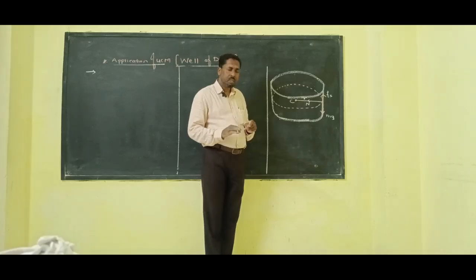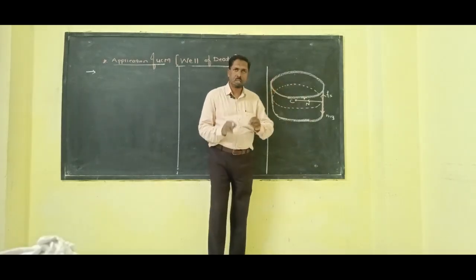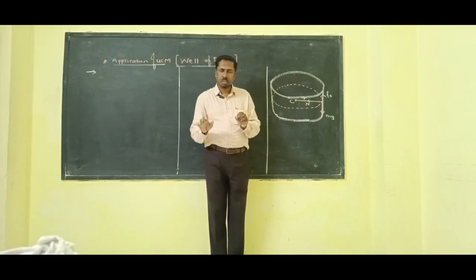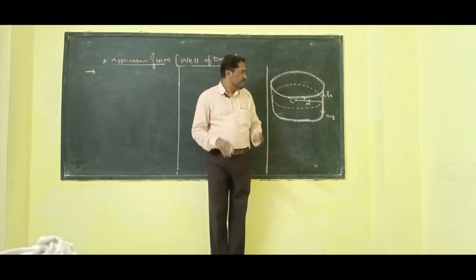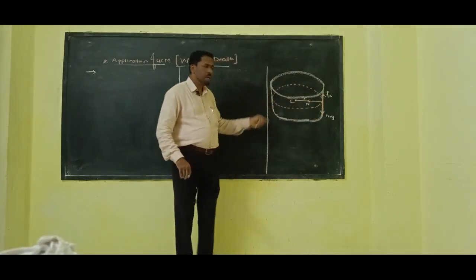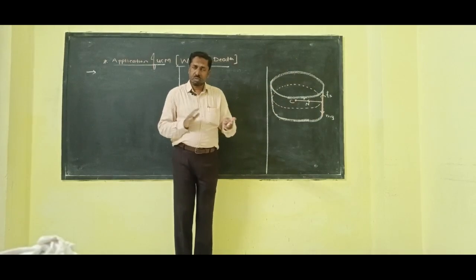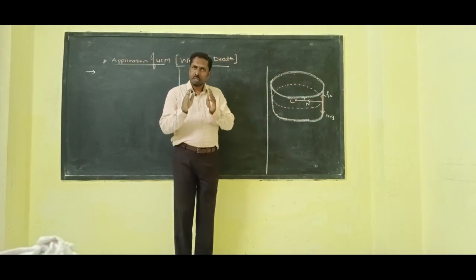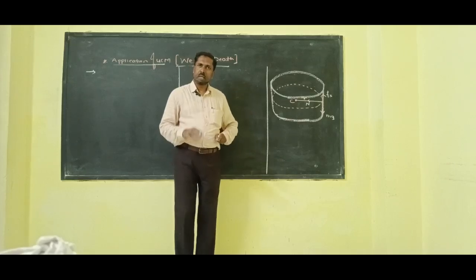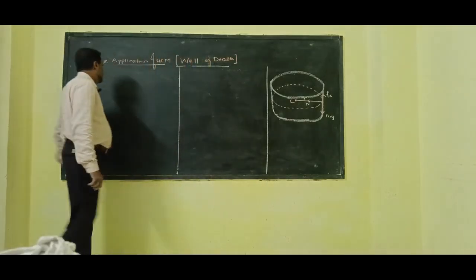In the well of death, a person performs some stunt. He moves the vehicle along the walls of the well of death, and during this motion, some forces act that we can write mathematically.